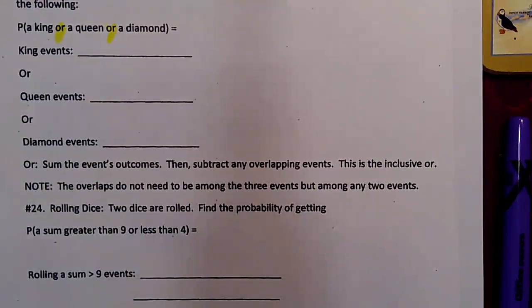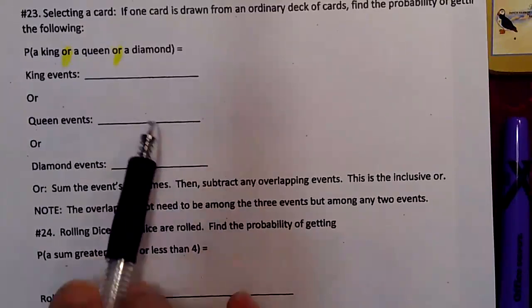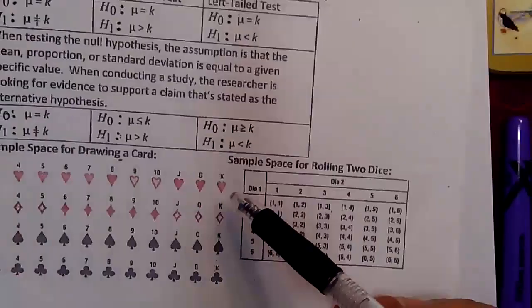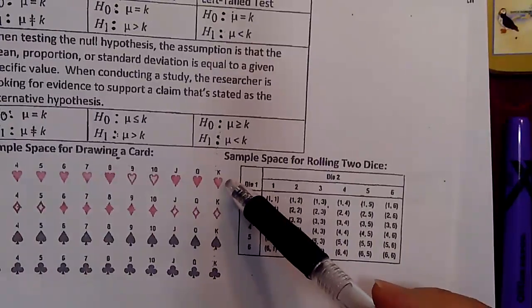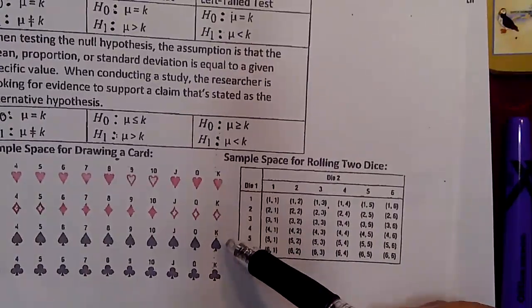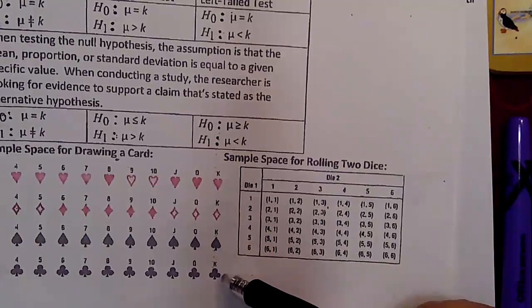So if I go back to my sample space and I look at my outcomes for the king events, you have the heart and then the diamond and then the spade and then the club.